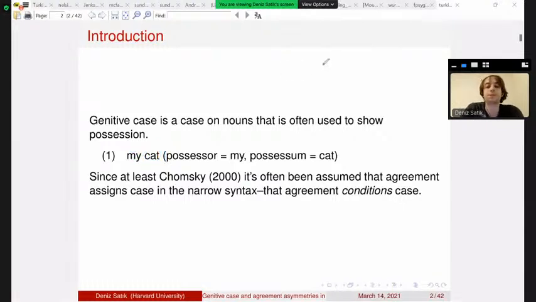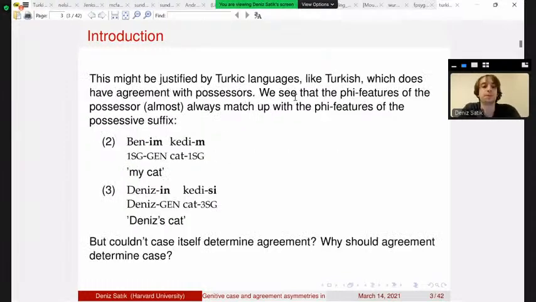So now, moving on to Turkish. The Turkic languages are well known for having agreement on possessums with possessors. So for example, in 2 and 3, we see that the phi features of the possessor almost always, keyword almost, so keep that in mind, match up with the phi features of the possessive suffix.